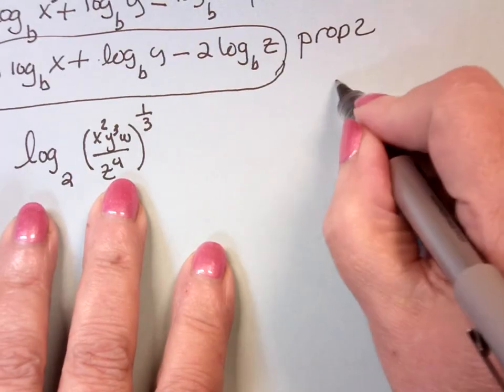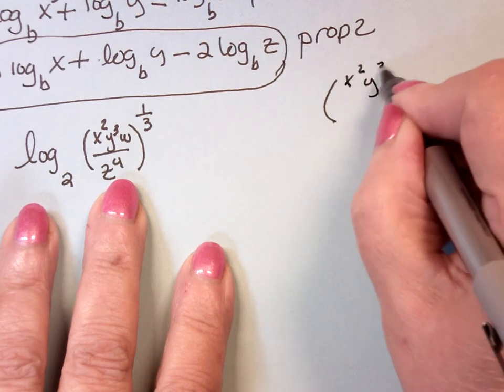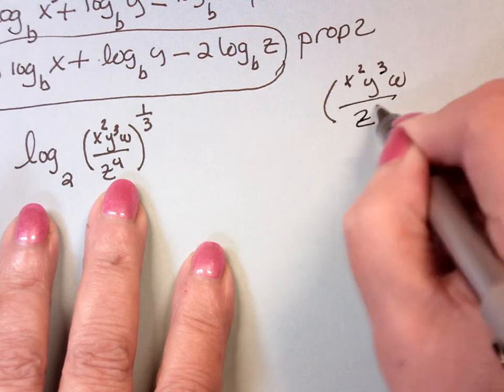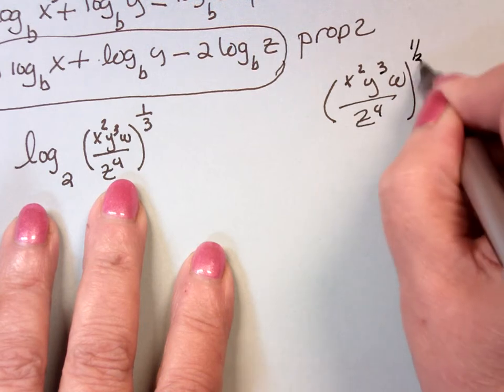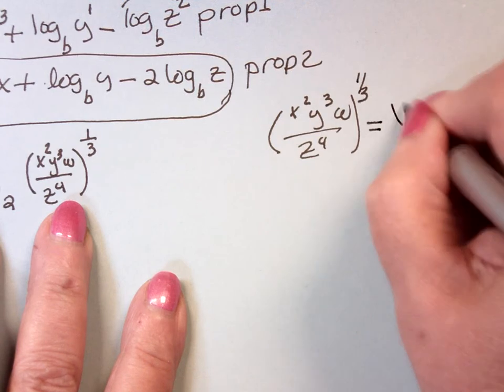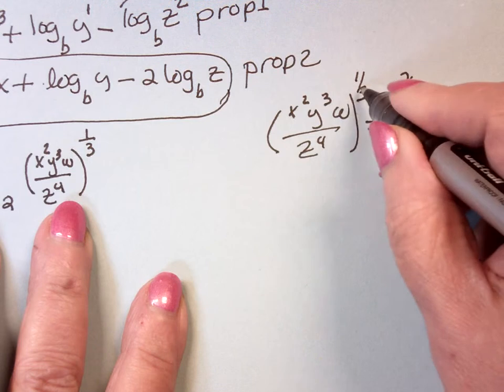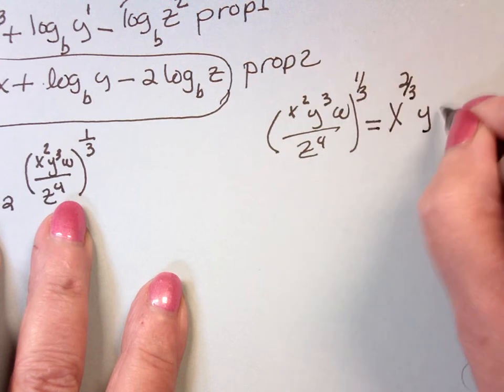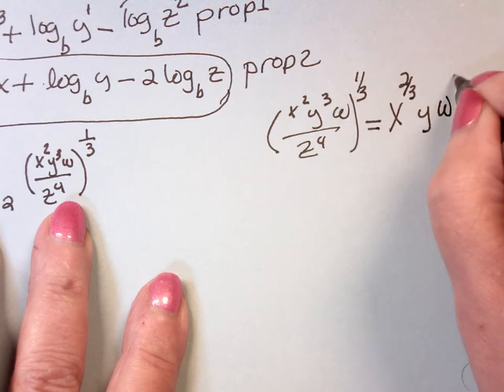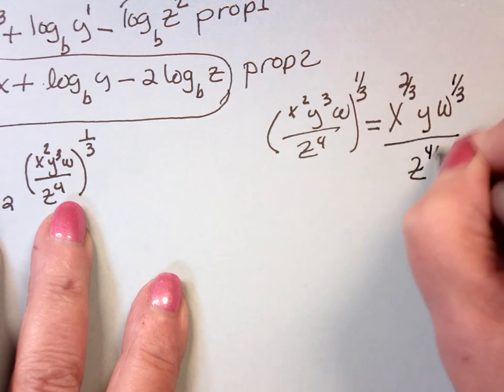If you were to take x squared y cubed w over z to the 4th raised to the 1/3 power, this would be equal to x to the 2/3 y to the 1 w to the 1/3 over z to the 4/3.